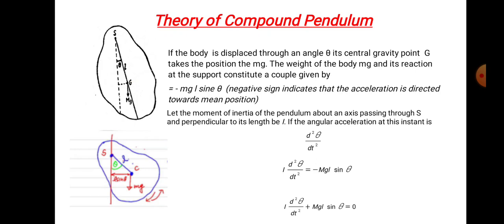The weight of this body, just assume, is mg. The weight of the body is mg, and its reaction at the support constitute a couple, given about the center of gravity. I will repeat once again.